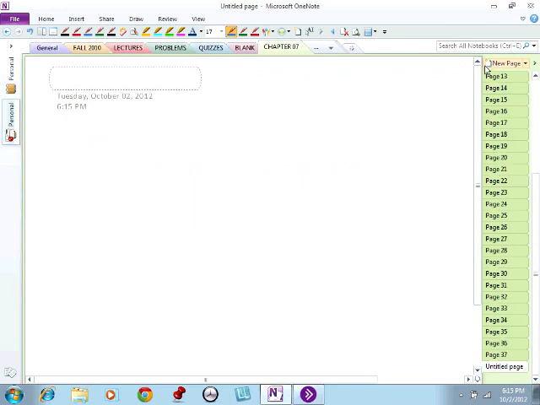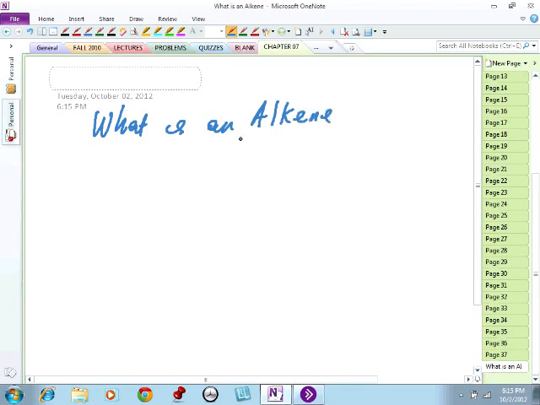So at this point, the question is, what is an alkene? Alkenes are those organic compounds that contain the carbon-carbon double bond.